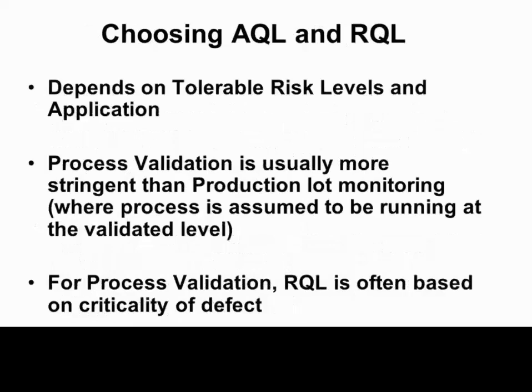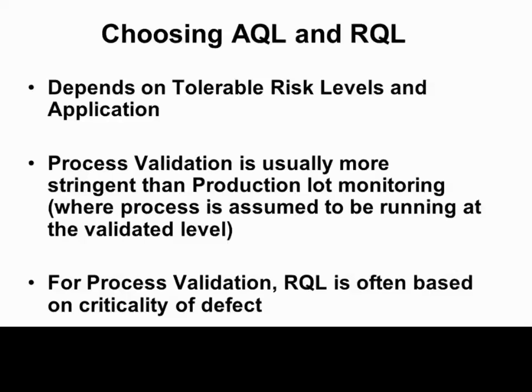Now, obviously, we have to think about how we're going to choose AQL and RQL and the risks associated with them, the risks of making errors. The levels themselves are going to depend on risk, right? Ideally, we'd like 0 defects, 0 proportion, but these have to be 2 different proportions. One which we'll tolerate, and one which we don't want to accept.